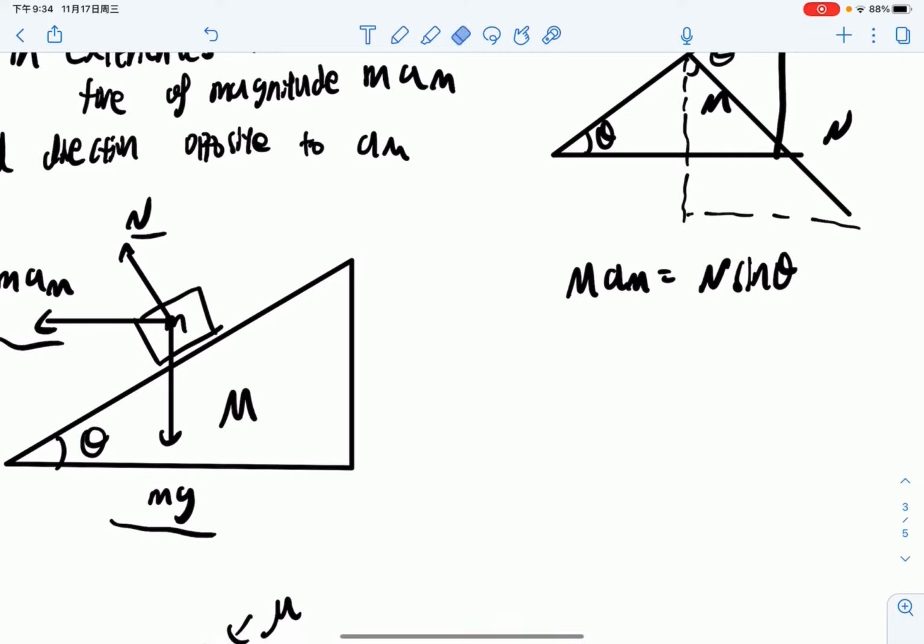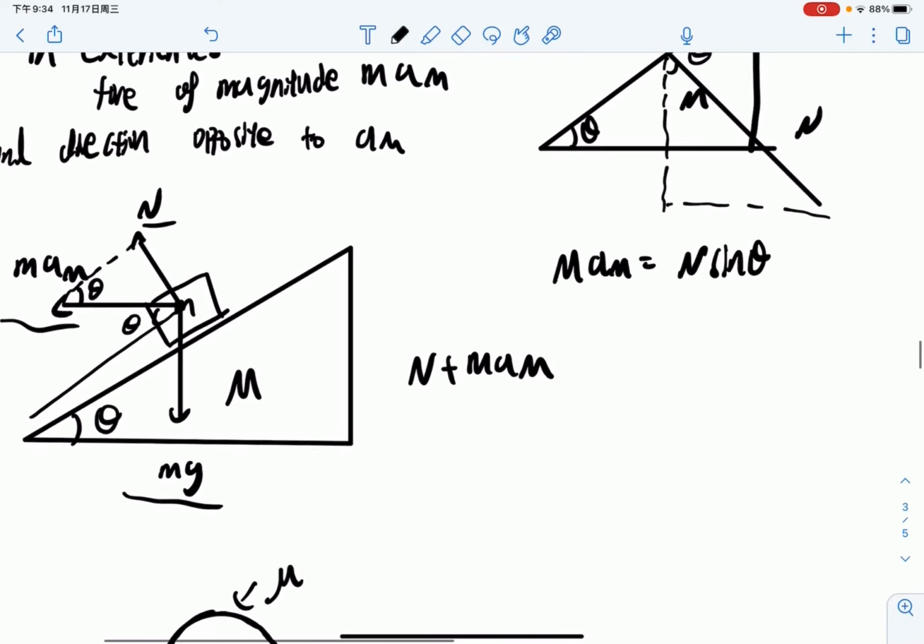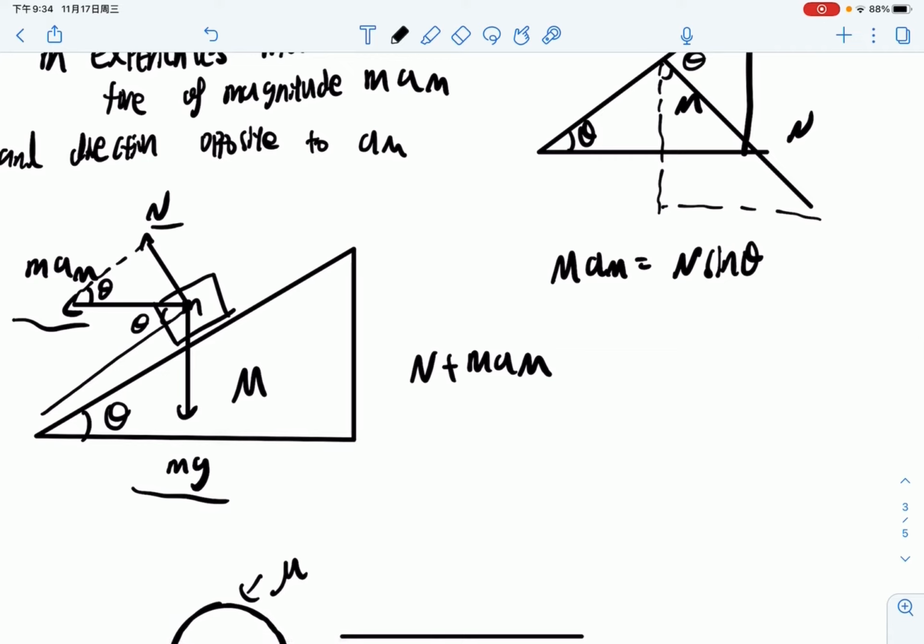So now we have n plus m a big M, and for this angle, this angle is theta, so we have m times sine theta, right?